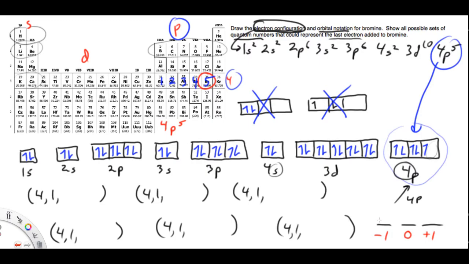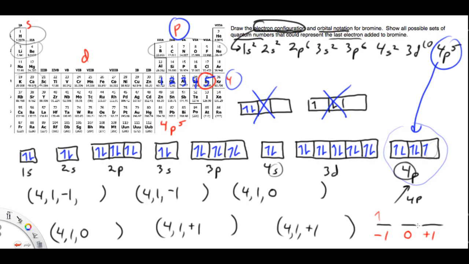But there's only 2 electrons that could go on this particular orbital. So I'm going to just give us 2 with -1. Doesn't matter what I start with, I could have started with 0. And the next one's going to be 0, and then the next one will be +1. So I have 2 electrons on the -1 orbital, 2 electrons on the 0 orbital, and 2 electrons on the +1.